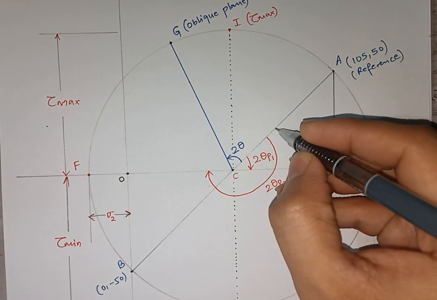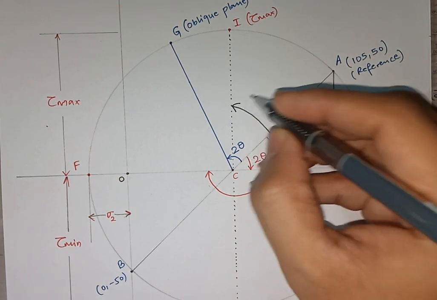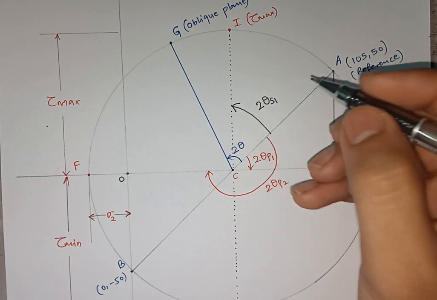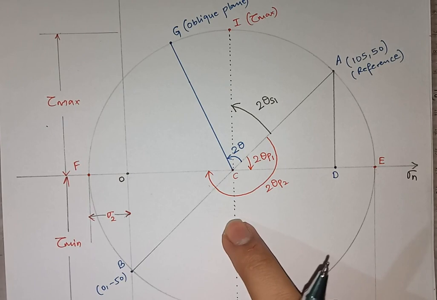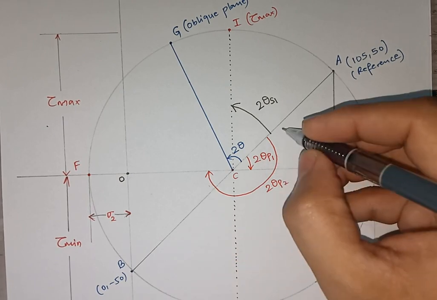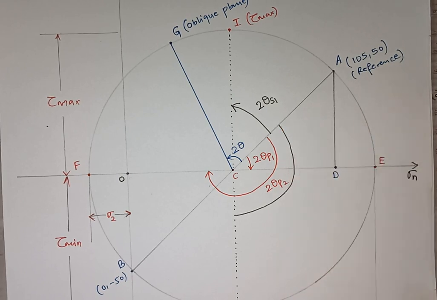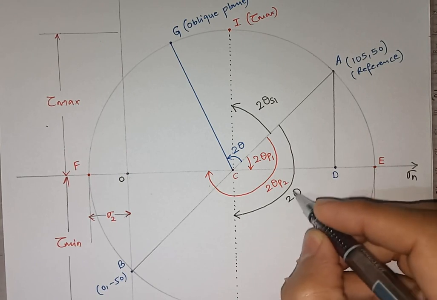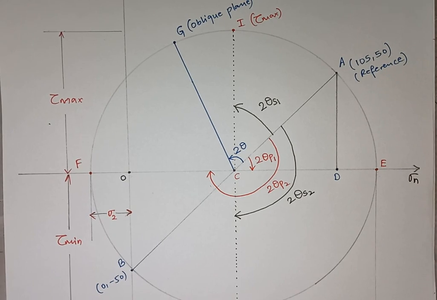With respect to the reference plane, this angle in this direction, I call it 2 theta S1, shear stress 1, maximum shear stress S, and this angle with respect to plane A in this direction, I call it 2 theta S2, right?